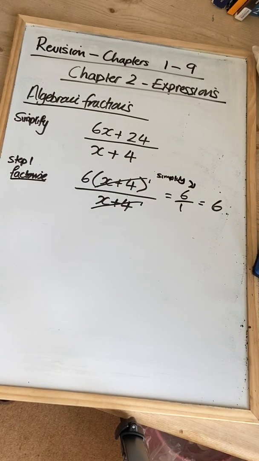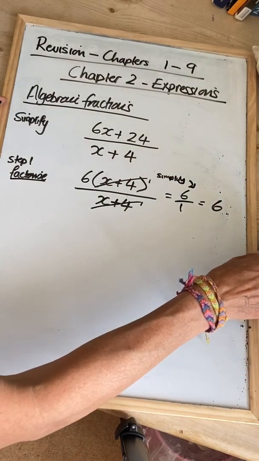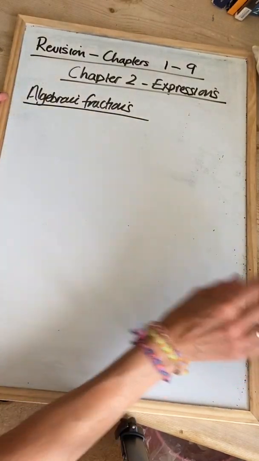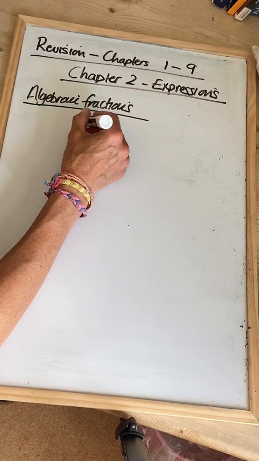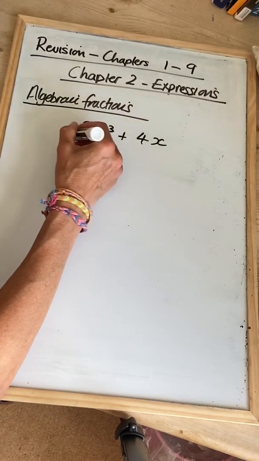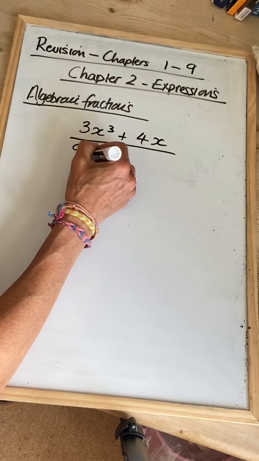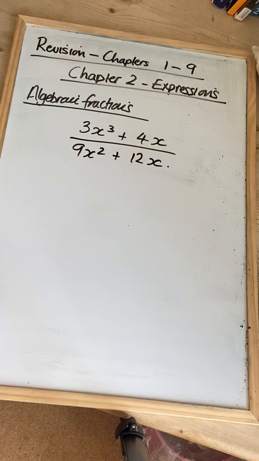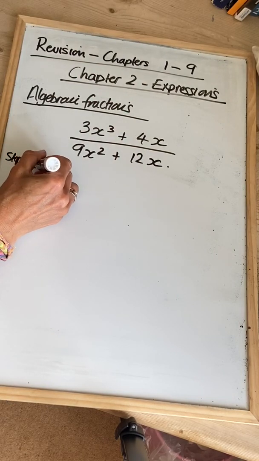Let's look at a slightly harder one. We're still simplifying. We're going to start by factorising, and then we're going to simplify. So step 1, factorise.